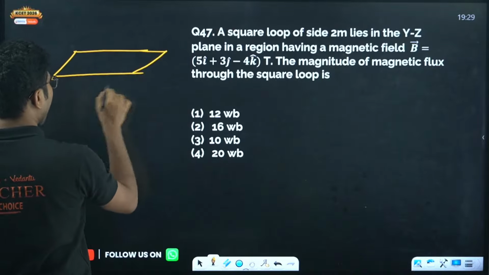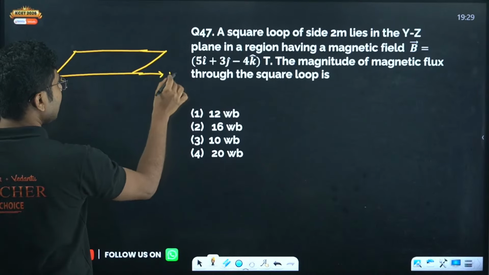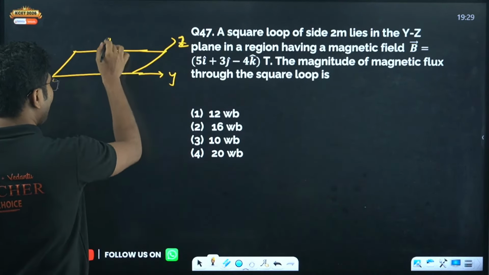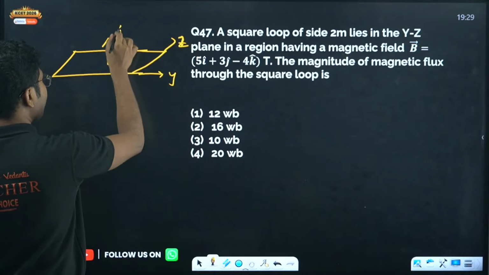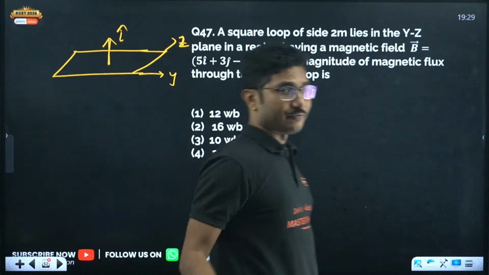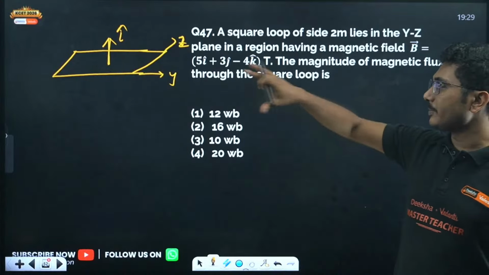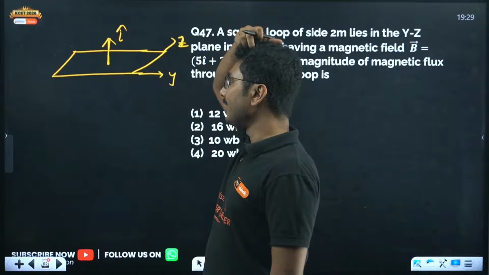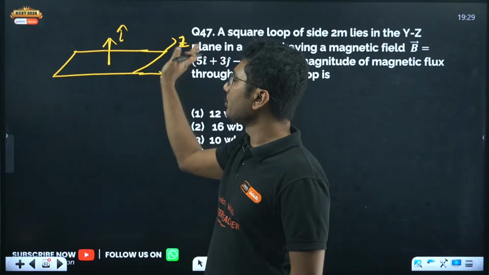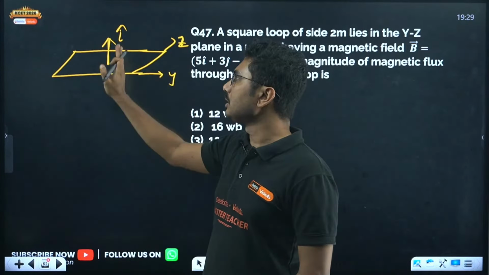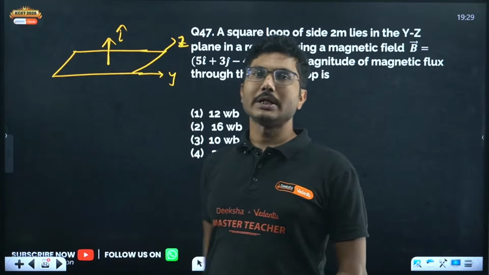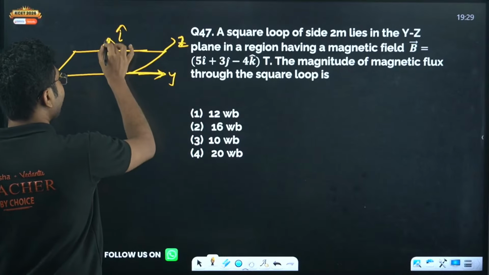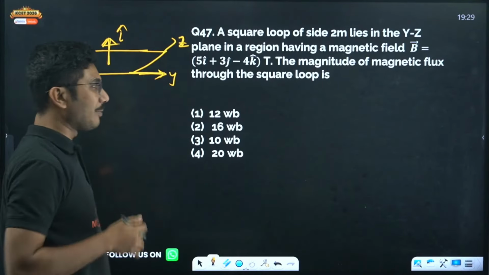Suppose this is Y, this is Z. So the normal to the loop has to be in the i cap direction. Very interesting, important concept: the area vector always points normal to the surface. So the surface is in the YZ plane, so the area vector will be in the i cap direction.